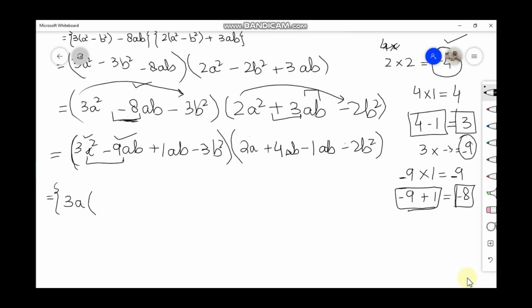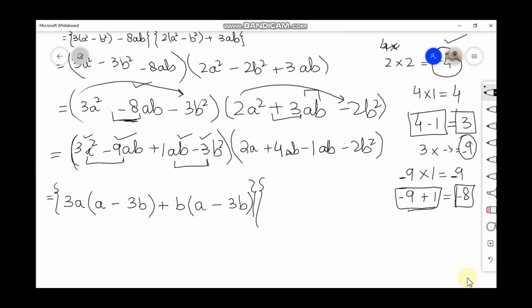So what is remaining? 3 ones are 3, it means 1 is remaining, so I will not write 1. a is remaining, minus 3, 3 nines are 9, and a is common, b is remaining. Now it's done for taking common from these 2 terms. Plus will remain as it is. You can see that b power 1 is common in both the terms. So b is common, a is remaining, minus 3, b power 1 is remaining, curly bracket close.